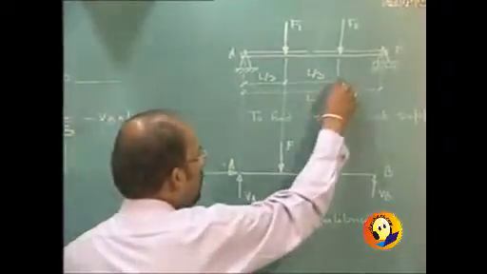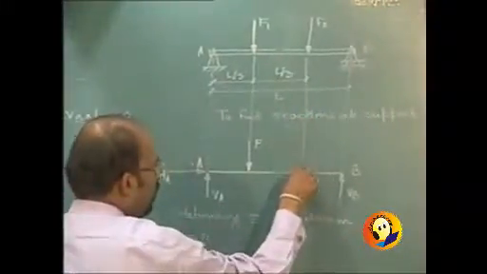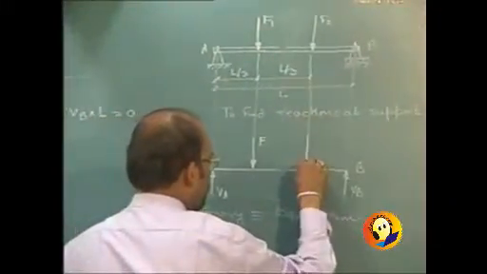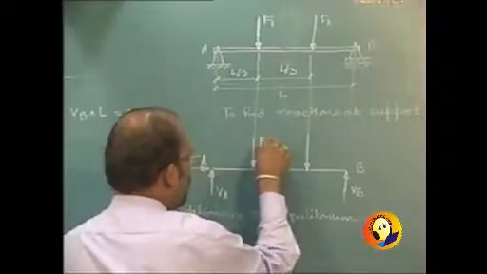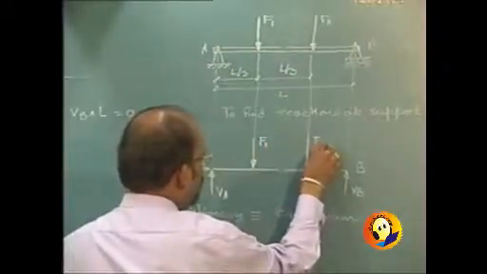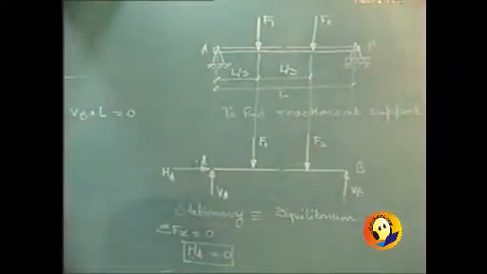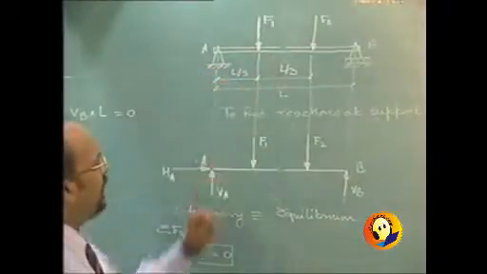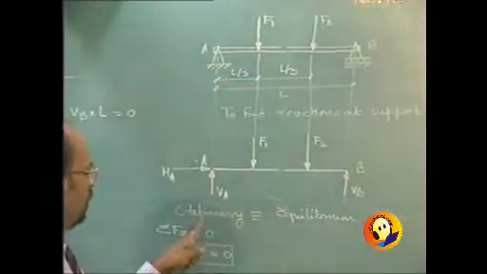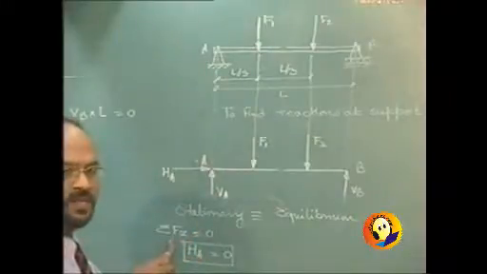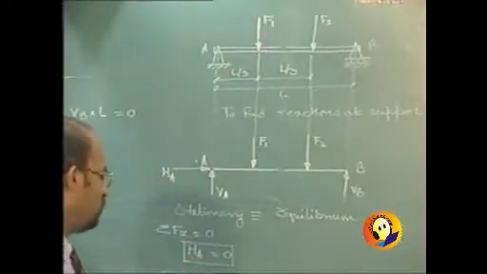And so the figure will get modified. It will be F1, F2. So two forces are acting. Due to equilibrium, sigma Fx is 0, so we will get HA equal to 0.